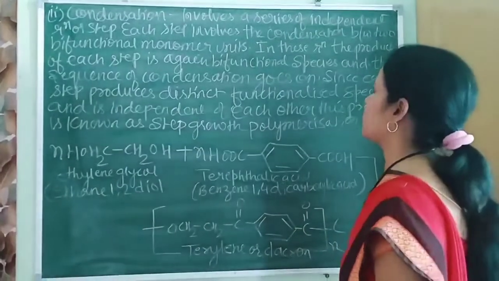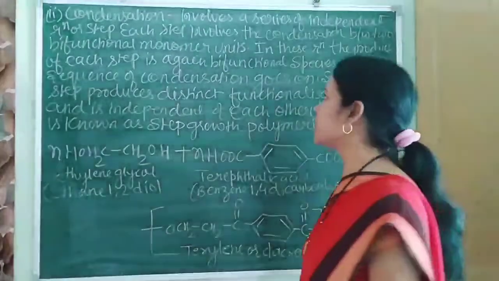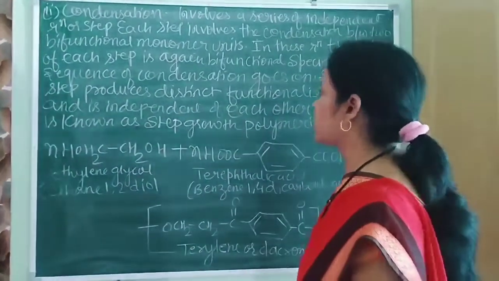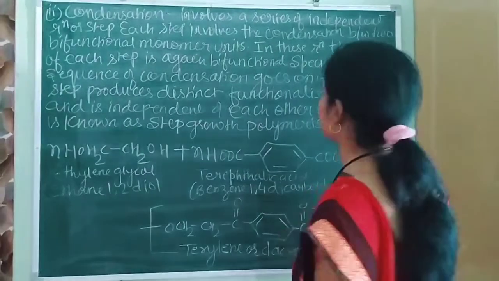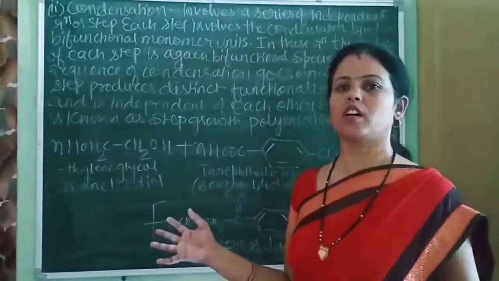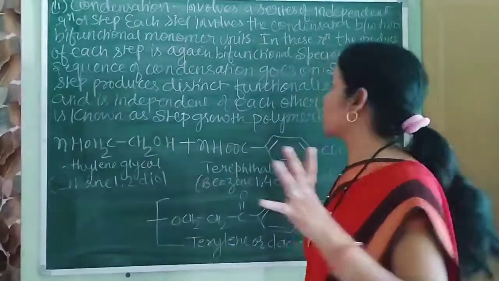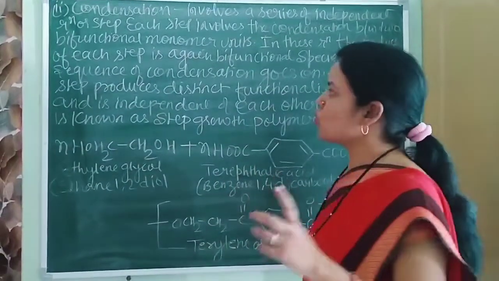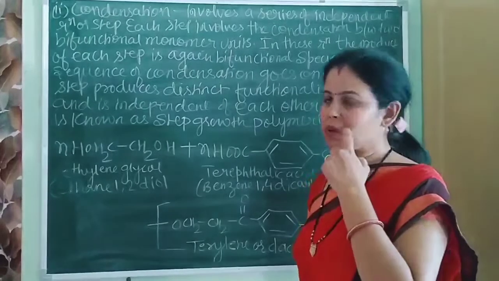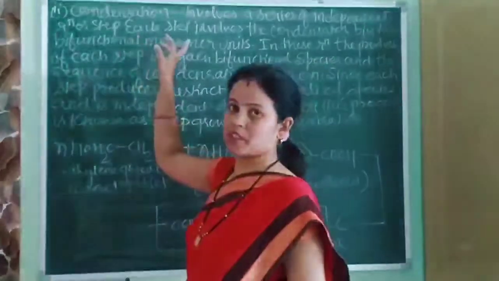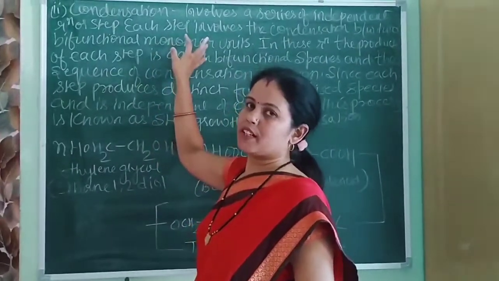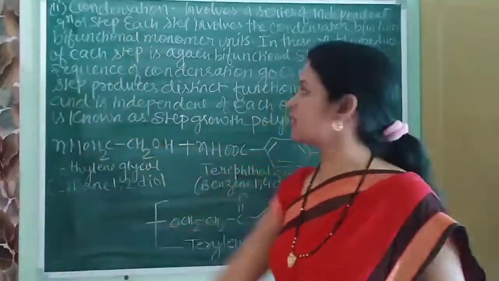Now the next type of polymerization reaction is condensation polymerization. It involves a series of independent reactions or steps. Each step involves condensation between two bifunctional monomers. Bifunctional monomers means monomers having two binding sites.